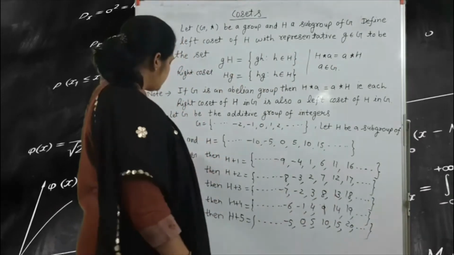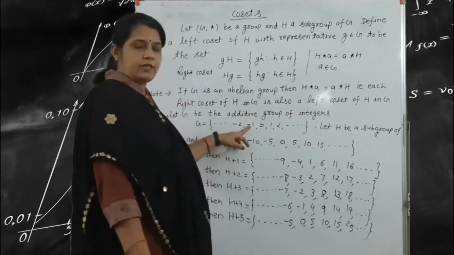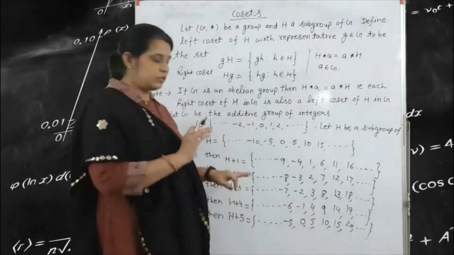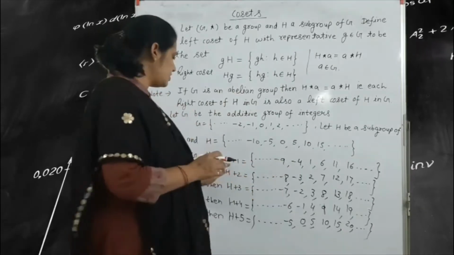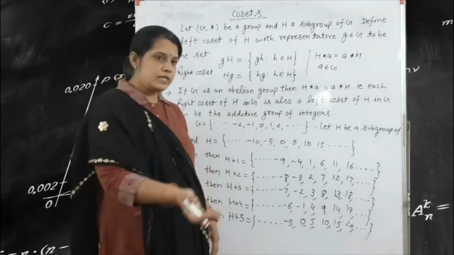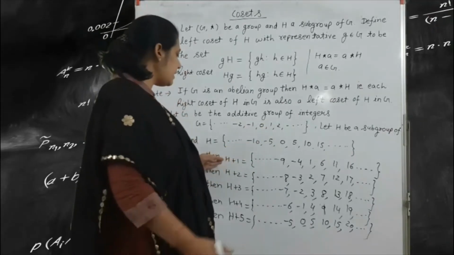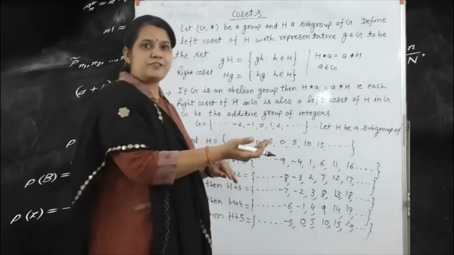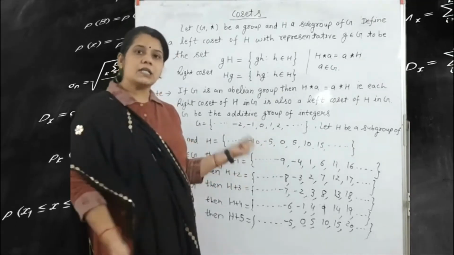So here we write one by one the elements belonging to G, and here we find the cosets. If we write H on the left side, this is the right coset. Similarly, if you find it on the left, this is the left coset. So you find the other cosets.